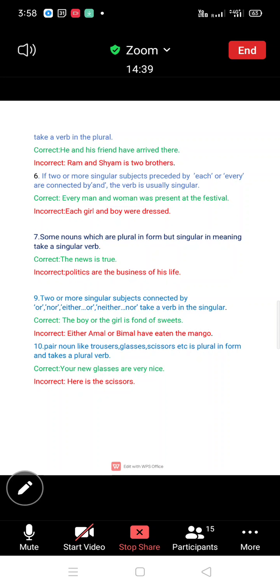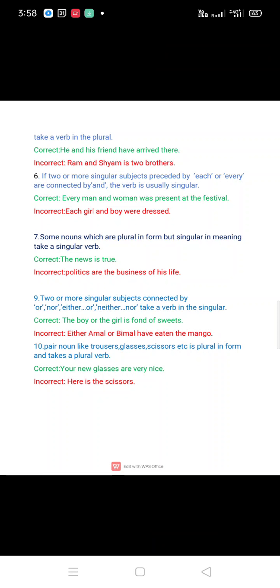Okay, point number 10. Pair nouns like trousers, glasses, scissors. These are plural in form and always take a plural verb, okay, like glasses, scissors or trousers.